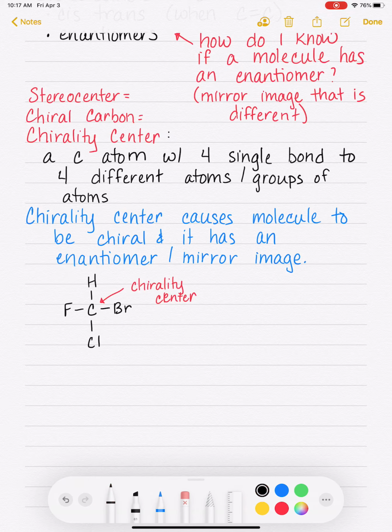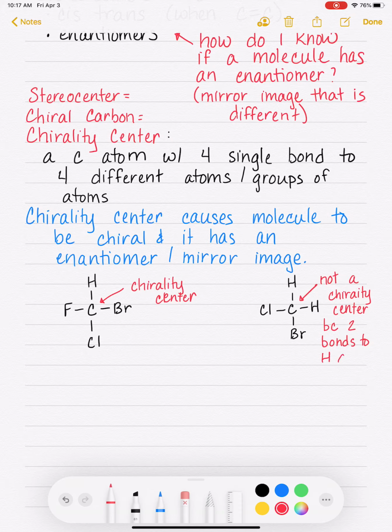Let's look at a carbon that's not a chirality center. A carbon with a hydrogen, a bromine, and a chlorine. Because it has 2 hydrogens, that carbon is not a chirality center, because it has bonds to 2 identical atoms.